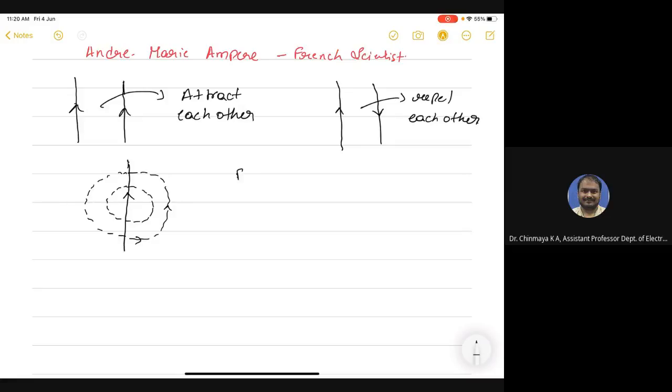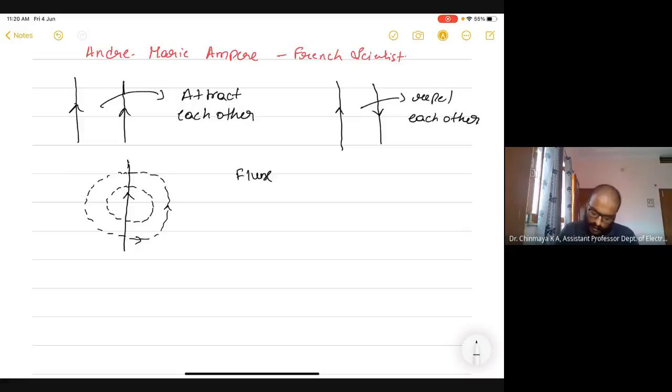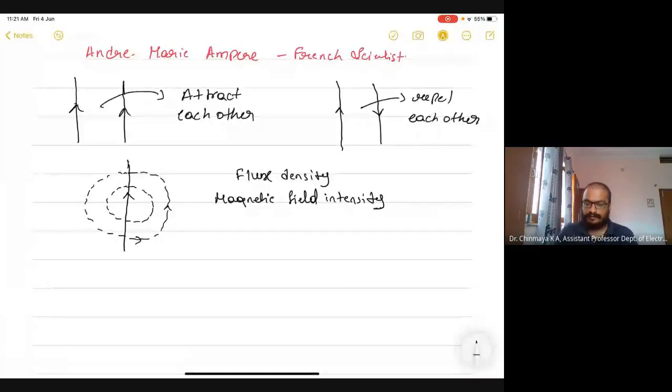They are flux density and magnetic field intensity.